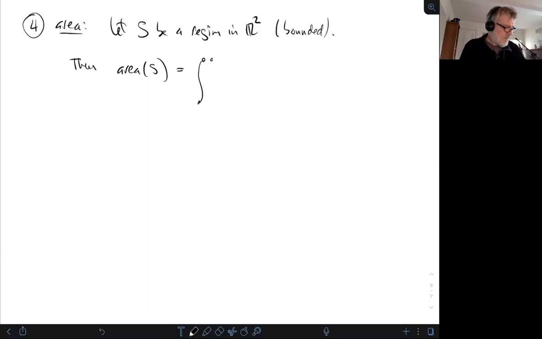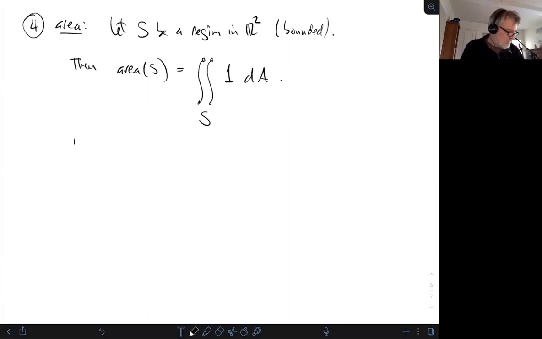I can take the double integral over S of what? Well, you have a flat area and you want to see this area as a volume. So if you take something of height 1, the volume will be 1 times the area of S, so that's how you can get the area. So you integrate the constant function 1 over S, and this will give you the area of S.